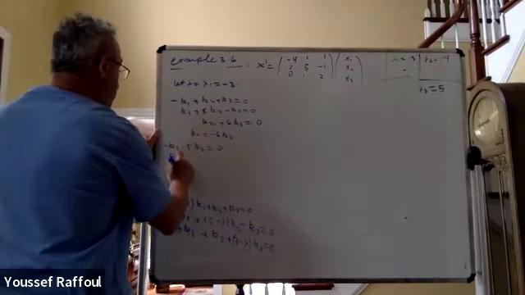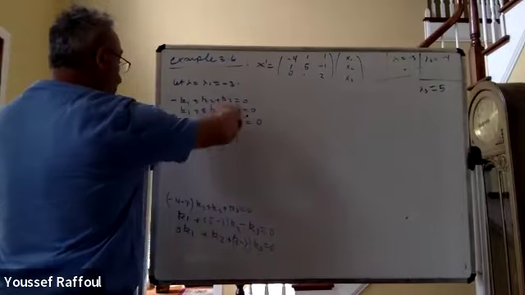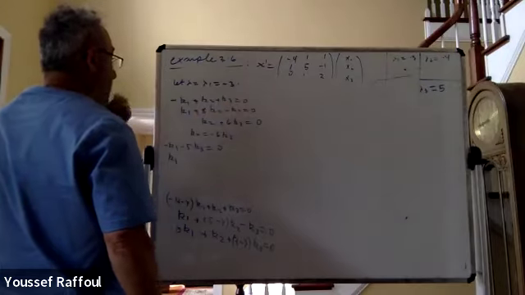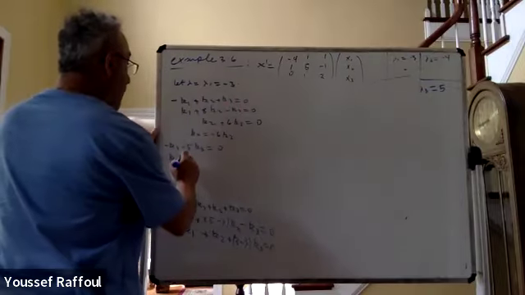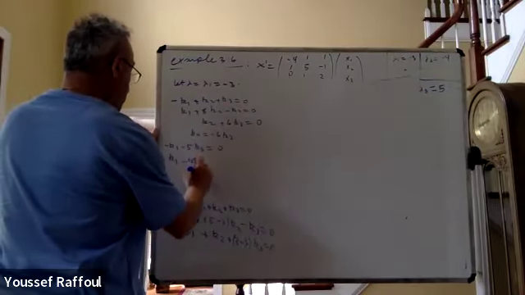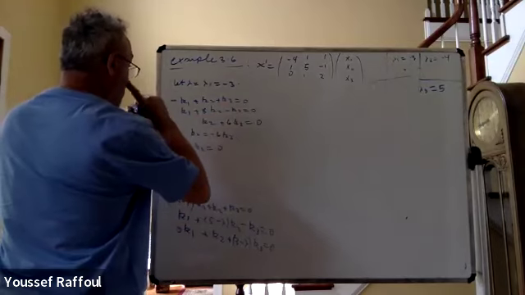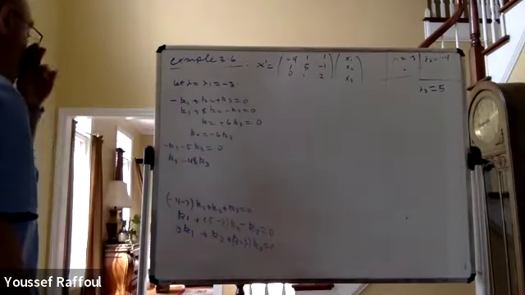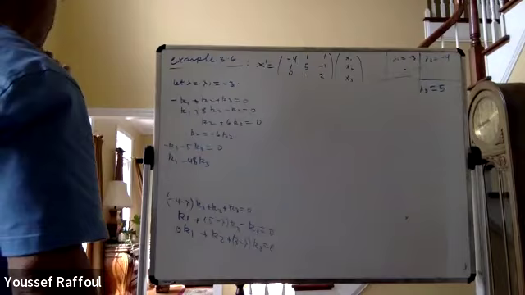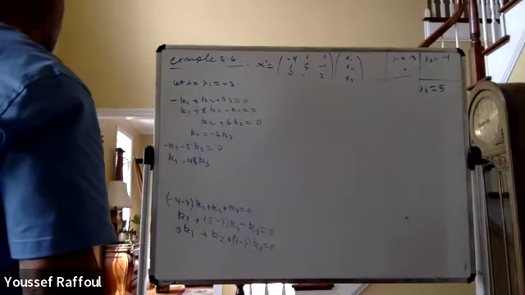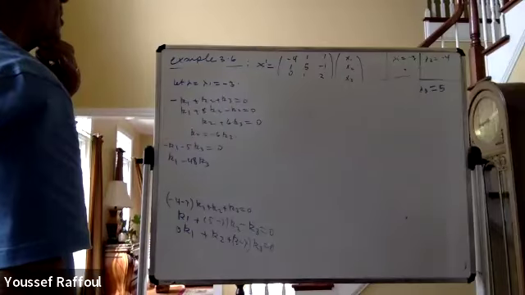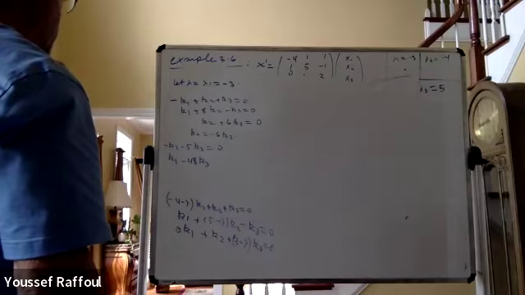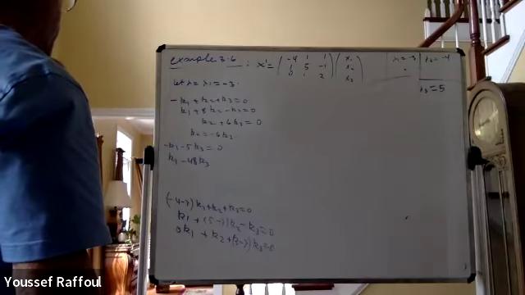If I put it here, I got K1, 8K2 minus K3, minus 48 K3... did we make some mistake somewhere? Let's see.